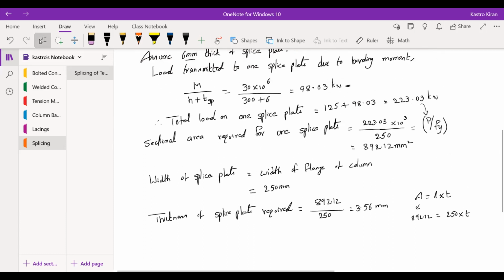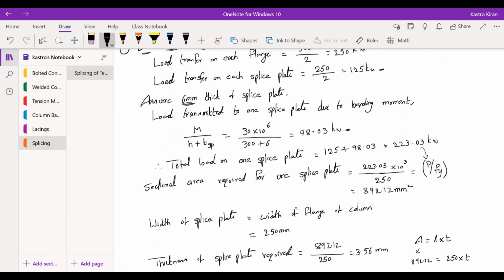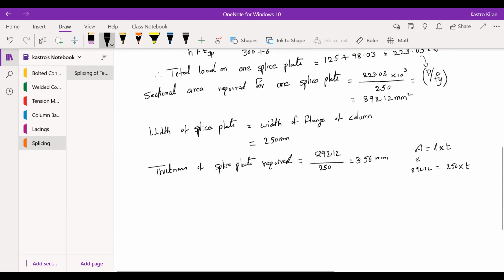But what is the thickness of the splice plate which we assumed? It is 6 mm. Okay, so let us provide the 6 mm thickness of splice plate only, because we have assumed 6 mm thickness of splice plate, but what we can provide is 4 mm or 3.56 mm.